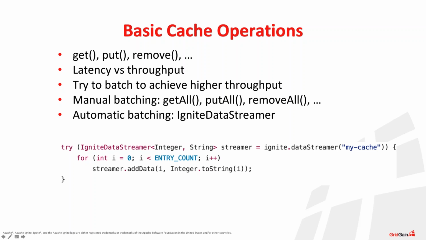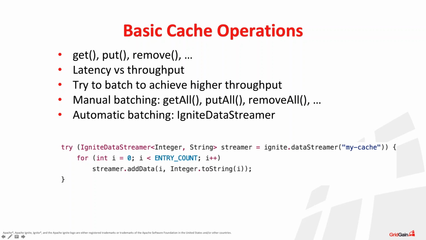So batching should be used in case you don't really care about the latency of an individual update or individual read, but you want your system to process as many operations as possible in a period of time.